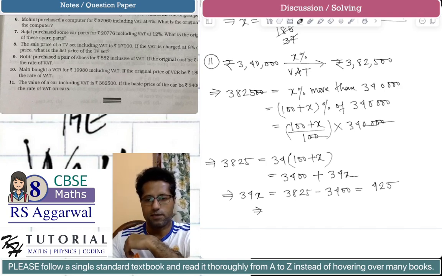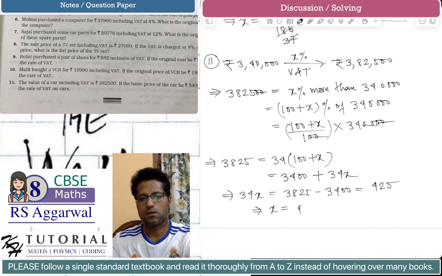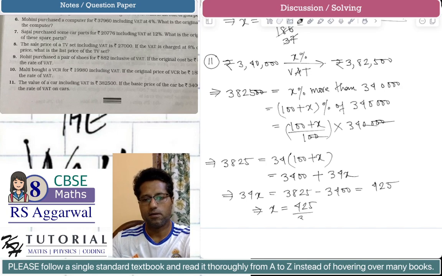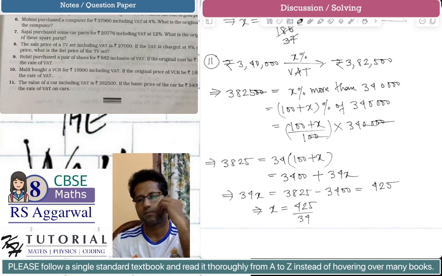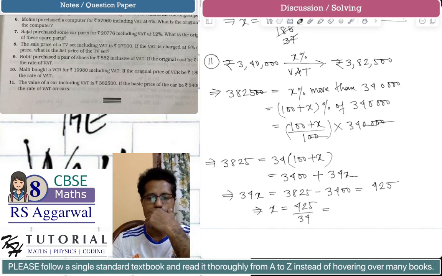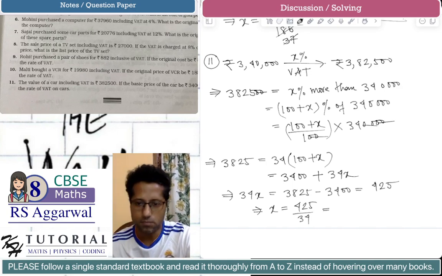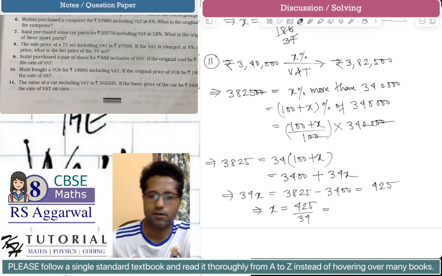So this implies x is equal to 425 divided by 34. This is equal to, now this is an improper fraction. We have to convert it.